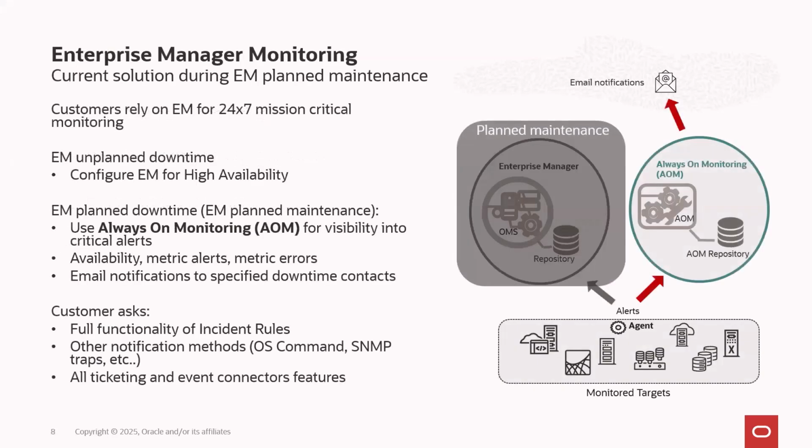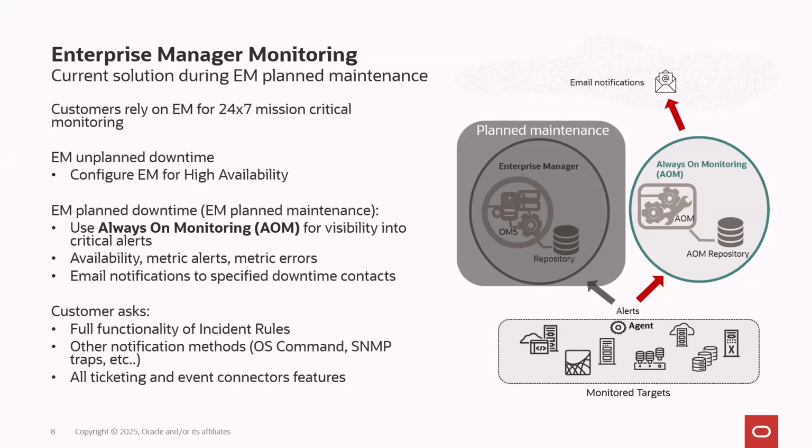So let's start with an overview of Enterprise Manager monitoring in terms of the monitoring capabilities that it can provide even during unplanned and planned periods of time. Many customers, perhaps such as yourselves, rely on Enterprise Manager for monitoring your mission-critical targets. These are targets that need to be monitored all the time, basically, 24/7 basis.